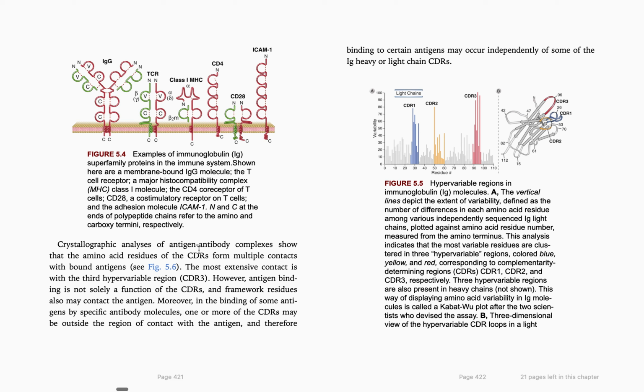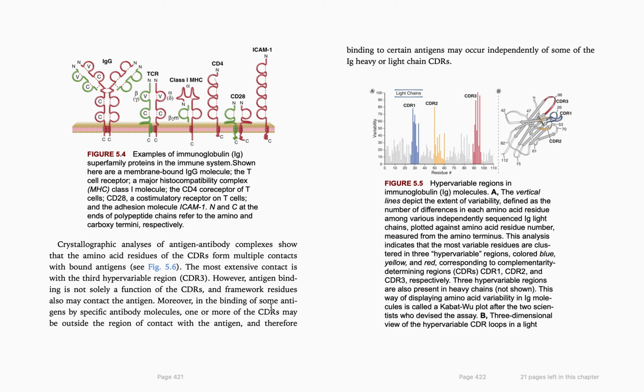Crystallography analysis of antigen-antibody complexes shows that amino acid residues of the complementarity determining regions form multiple contacts with bound antigen. The most extensive contact is with the third hypervariable region. However, antigen binding is not solely the function of complementarity determining regions, and framework residues also may contact the antigen.